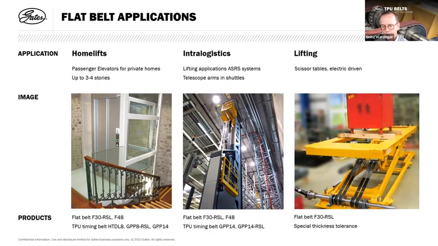Home lift, passenger lifts, intralogistics, stacker cranes, where our belt will lift weights up to 2,500 kilograms, and nowadays even more than that. And material lifts like scissor tables require high precision also in thickness to ensure an even load distribution to parallel belts in upwinding applications.